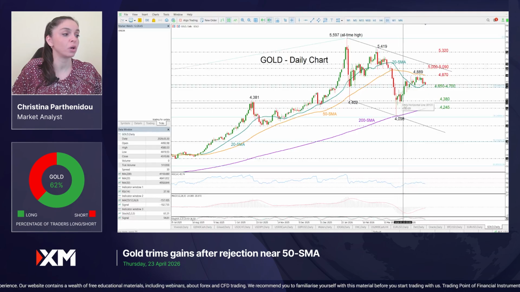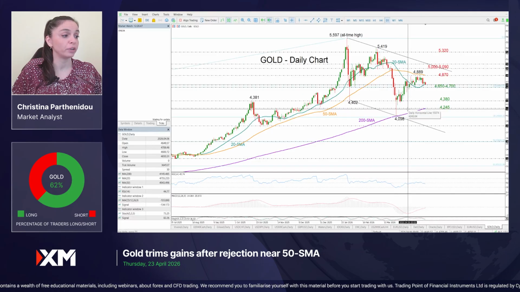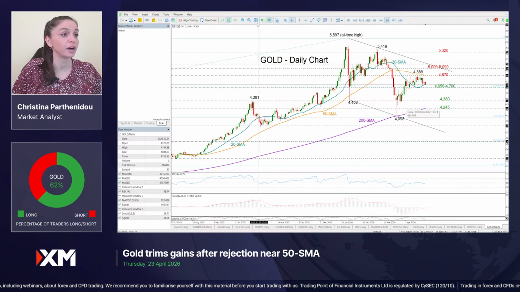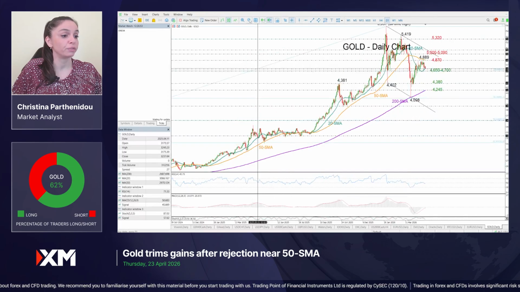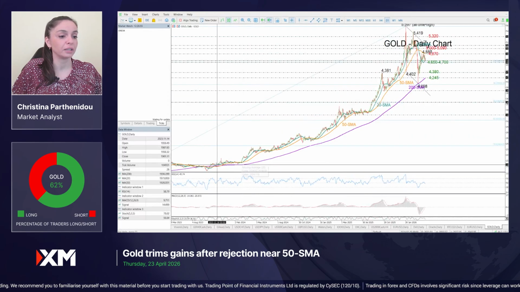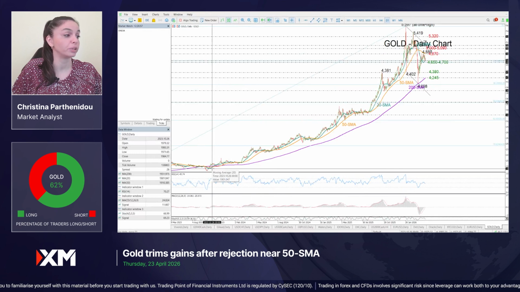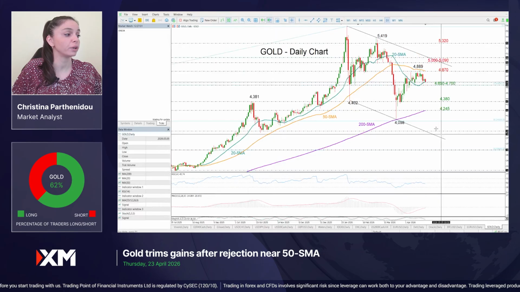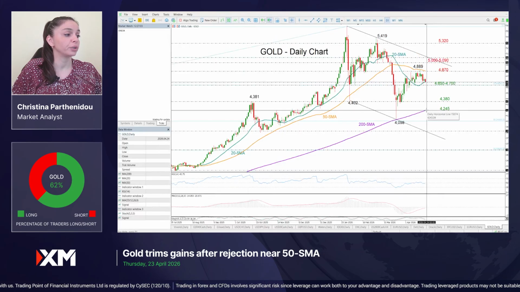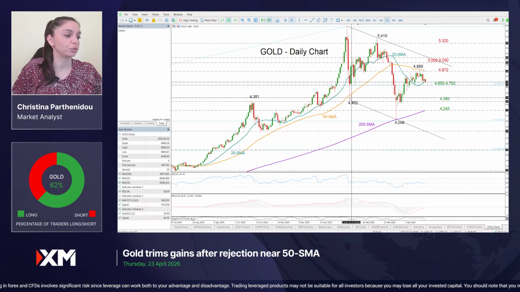If it fails to hold, then the 200-day moving average could come into focus near 4,245. If that happens, that would be the first time gold reaches that line, at least since October 2023.